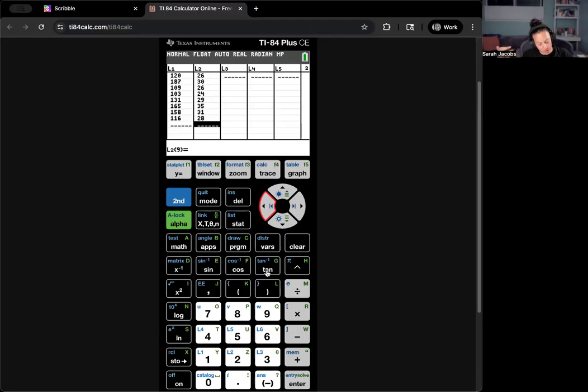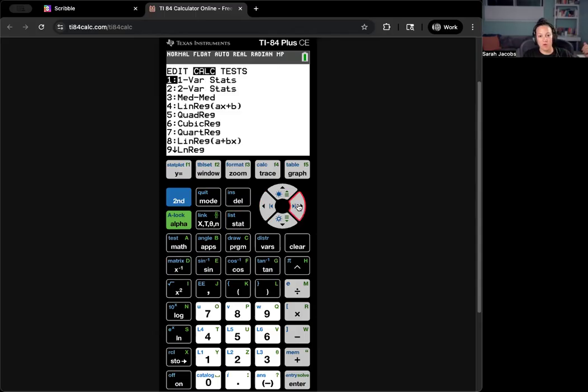Now I want to calculate my LSRL. So I'll go to stat and I'll arrow over to calc. We're not doing 2var stats. I don't think we're ever going to do 2var stats. Leave those alone. What we are doing is linear regression now. There's 2 options for this. You have ax plus b and you have a plus bx.